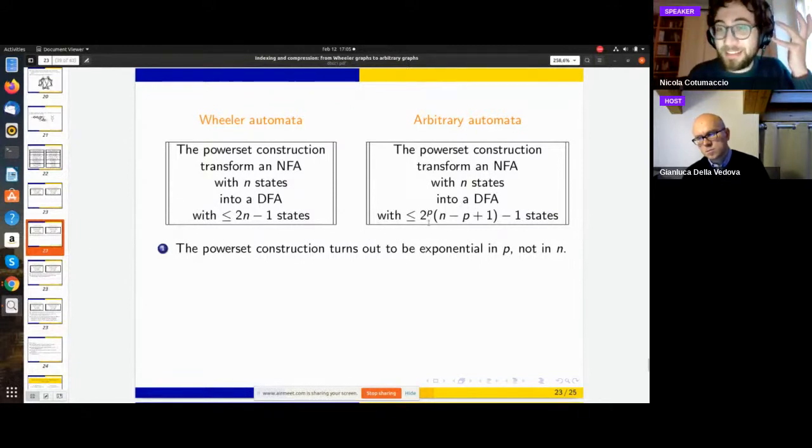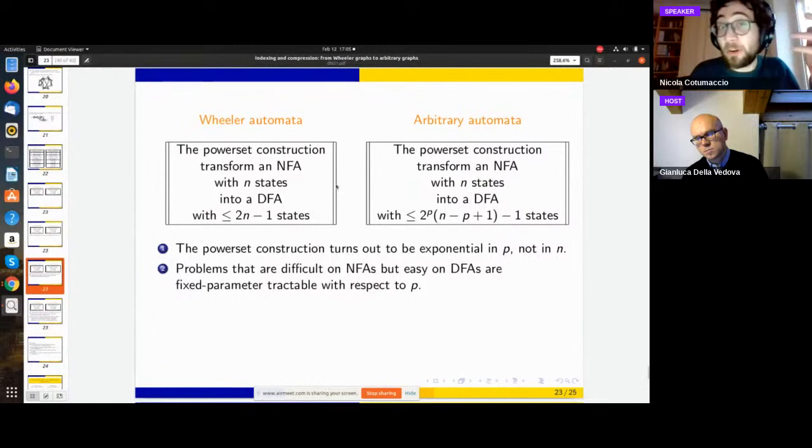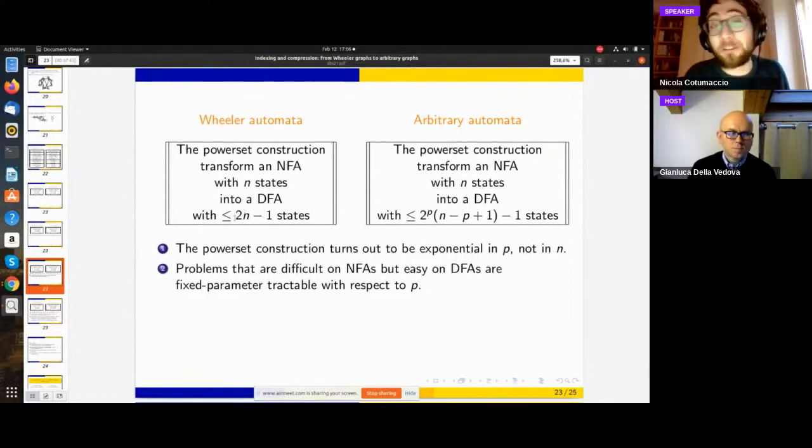So this means that it was already known that Wheeler automata are very special because they are a class of automata such that if I transform a non-deterministic finite automaton into an equivalent deterministic finite automaton, then I don't have this exponential blow up. I just have a linear number of states. But even in the general case, this blow up must be exponential, but the quantity that makes it exponential is p, not n.